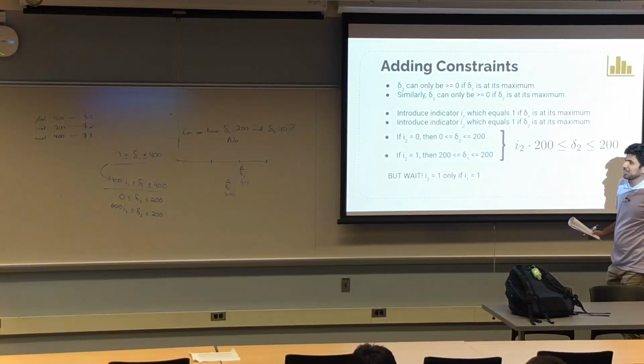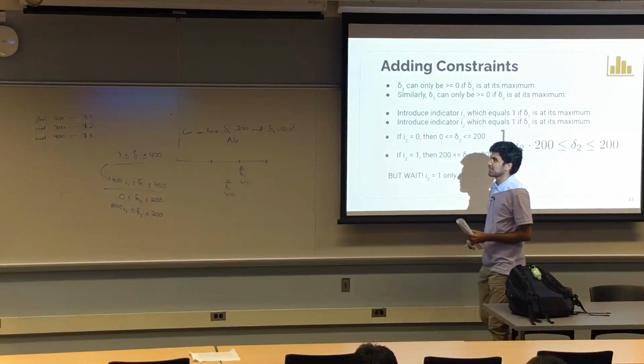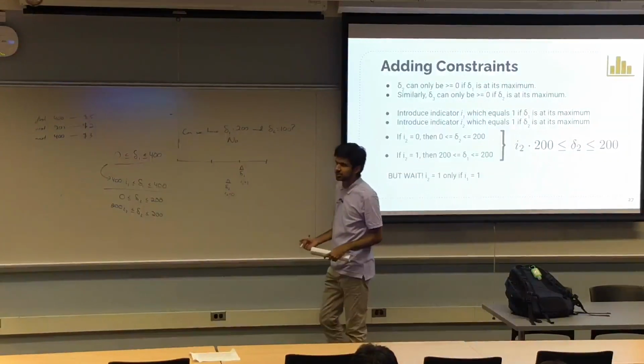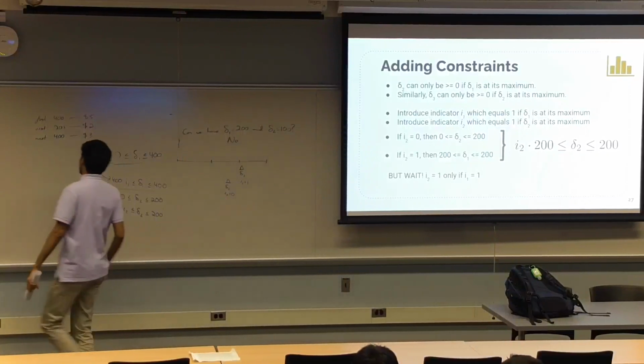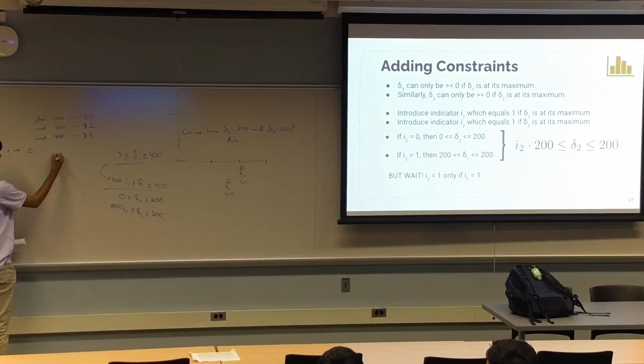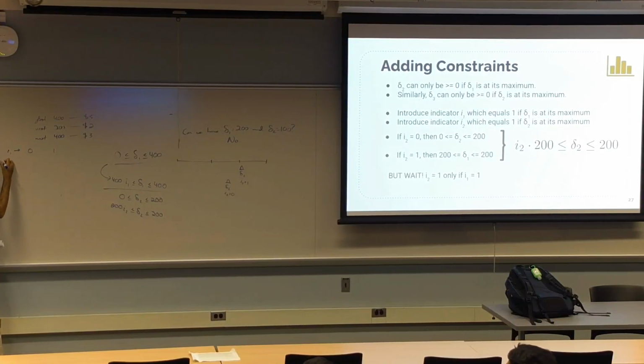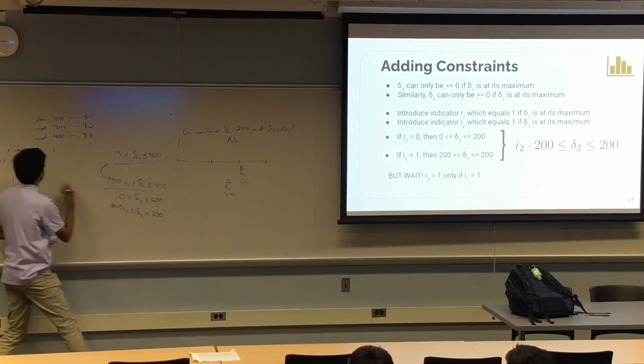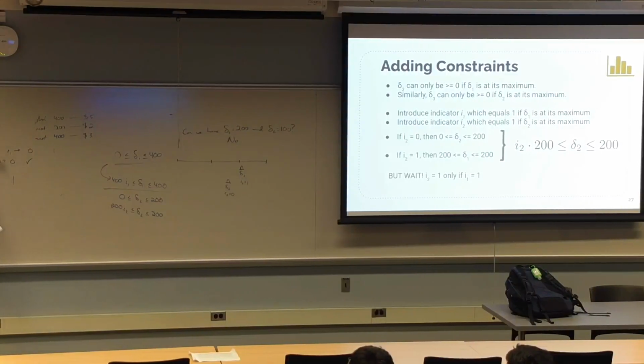There is this critical dependency on I2 and I1. If we consider the values that I1 could take on and the values that I2 could take on, is it possible for I1 and I2 to both be 0? Yeah, if we're somewhere here. Can I1 be 1 and I2 be 0? Yeah.